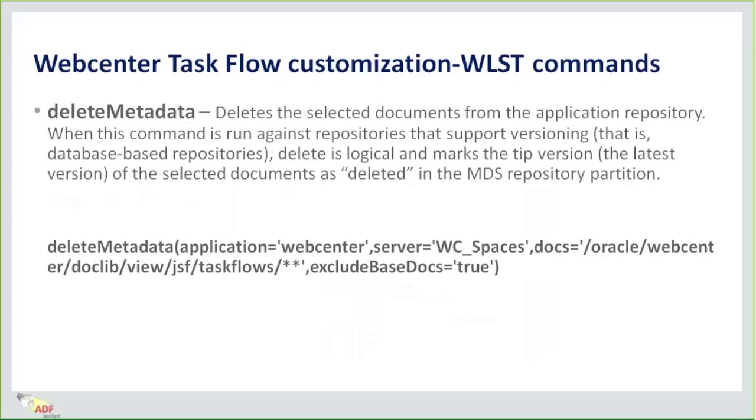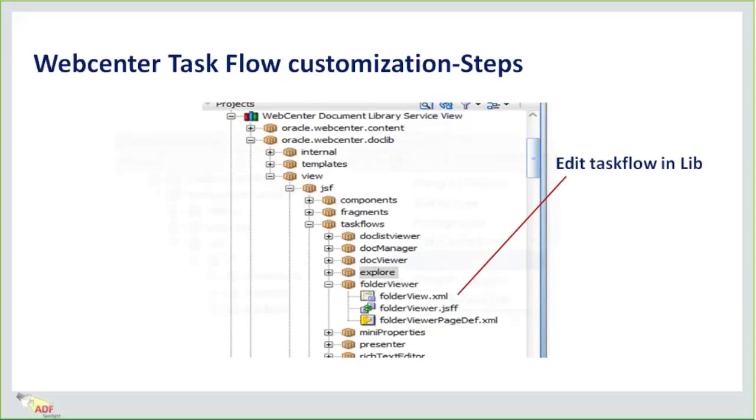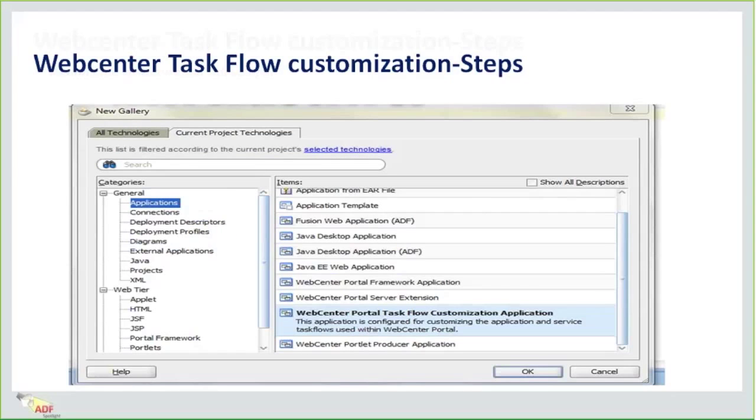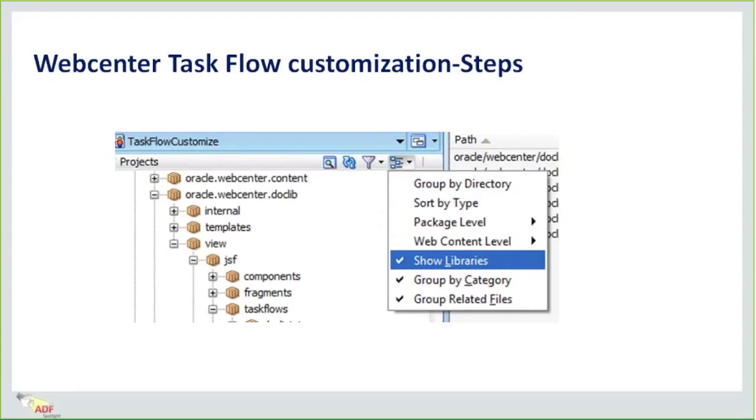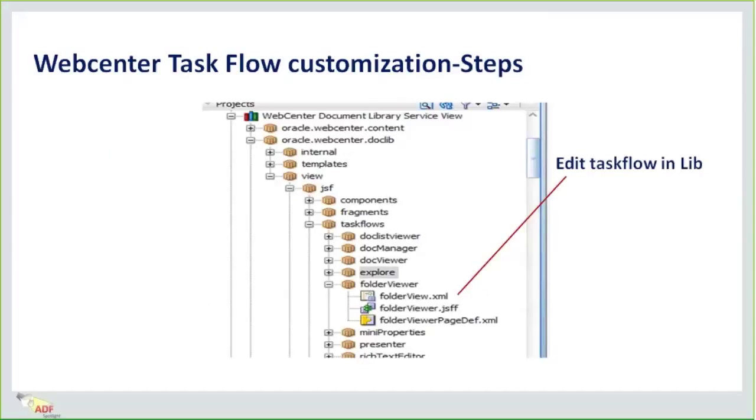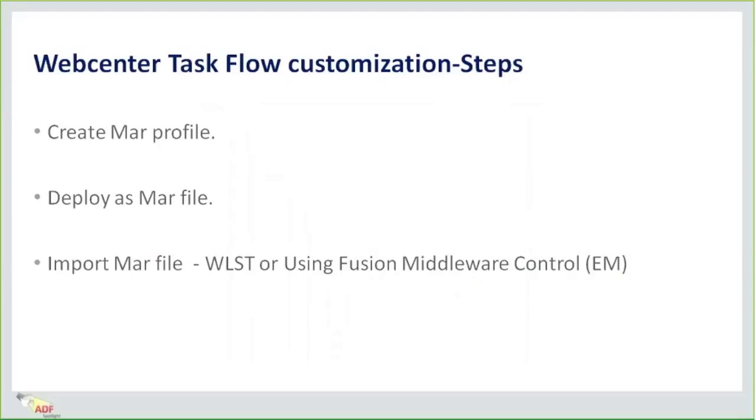So again, I will list it down: we create an application, then we enable show libraries, then we edit the task flow. It will be normal ADF work; I think most people know how to edit the task flow feature. And we create the deployment profile, deploy the MAR file, and import this MAR file either through WST or Enterprise Manager.